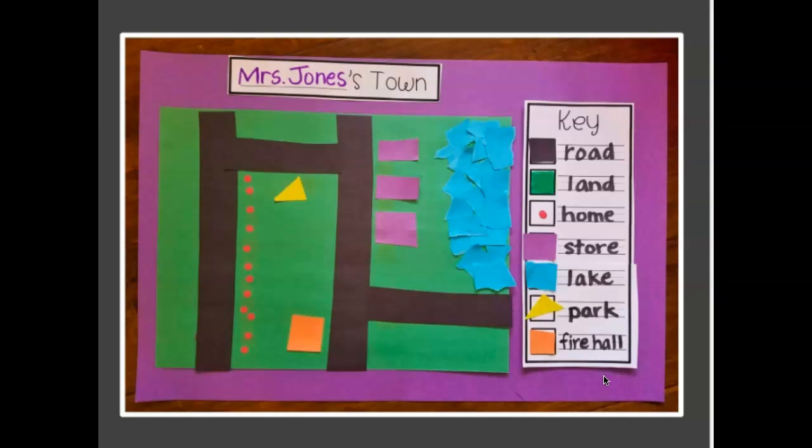So if you used green for land on your map, there should be green for land. If you used a red dot for home, for example, on your map, you should be using a red dot for home. Okay, let me know if you have any questions and feel free to rewatch any of our videos from this week if you get confused and need assistance.